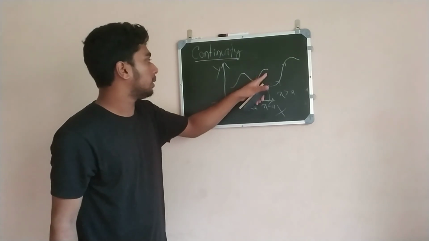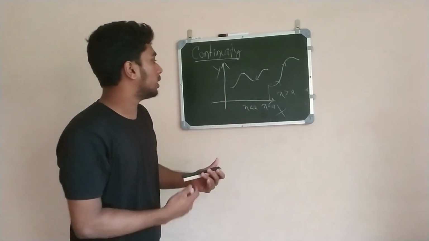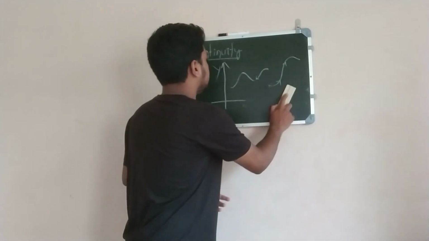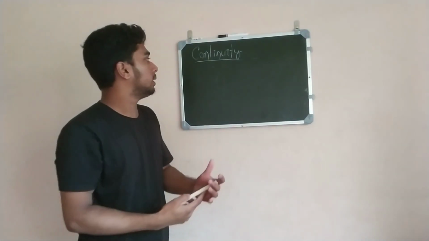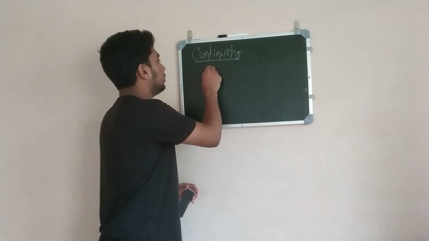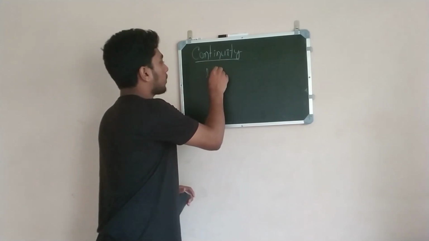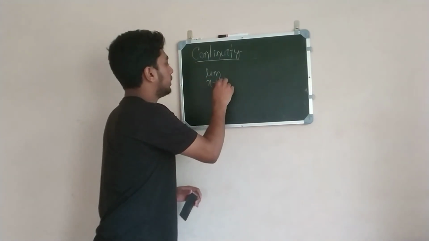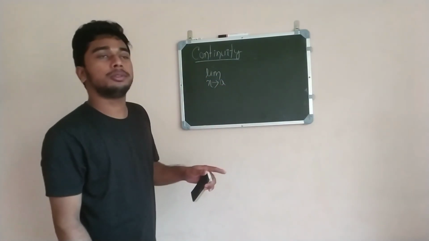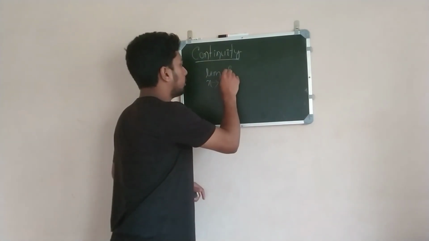So how can I represent this? Limit. I defined f of x is equal to limit x tends to a. In the previous video I discussed how to find limit. So this is f of x.